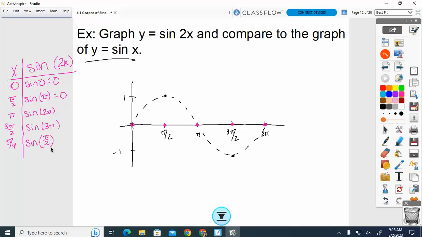Sine of pi over 2 is 1. So in the middle here is where I hit my 1. So what do you think it's going to be halfway in between pi over 2 and pi? That's sending me to negative 1. Then we'll be back up to positive 1, and back down to negative 1.